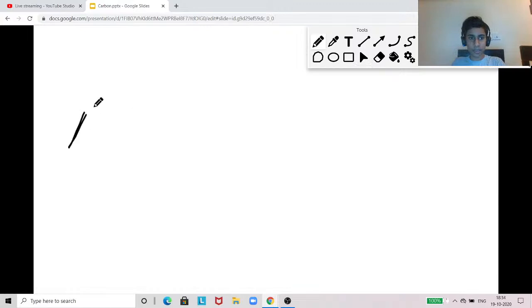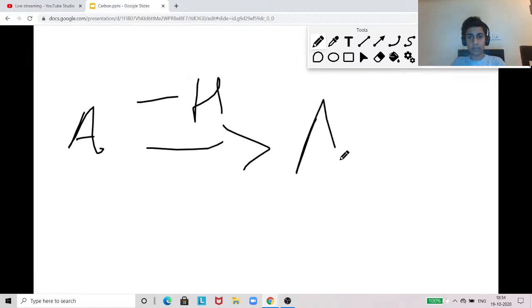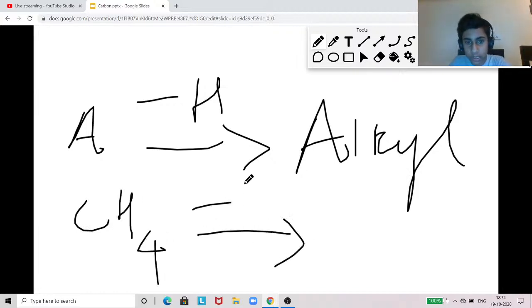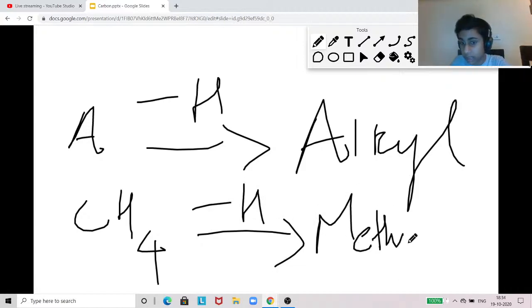When you remove an H, you get an alkyl. So, let's say we have methane, CH4. If you remove the H, it will be methyl.